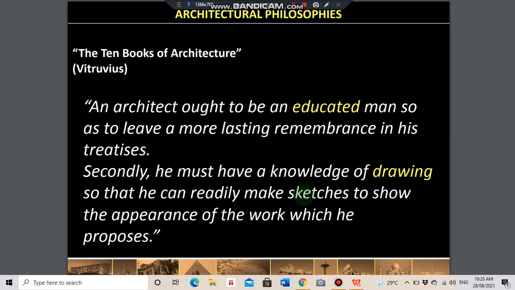But of course, he must have a knowledge of drawing. So that's why we should have skill in drawing.